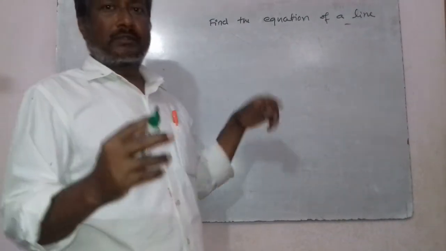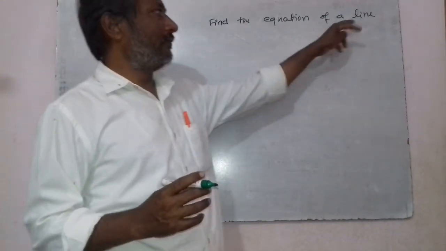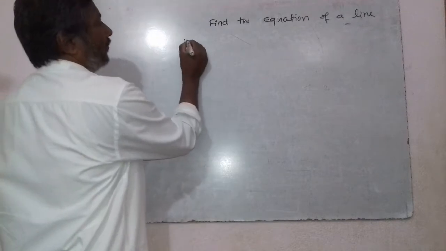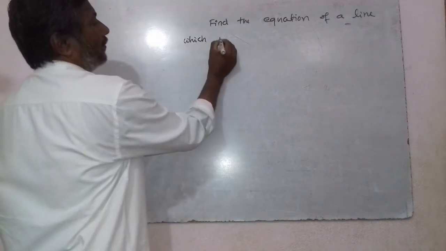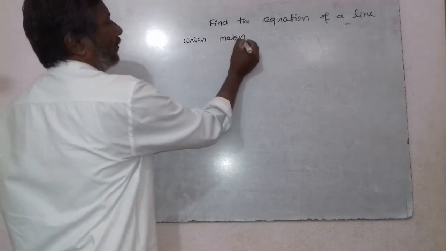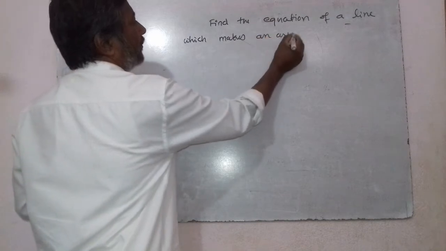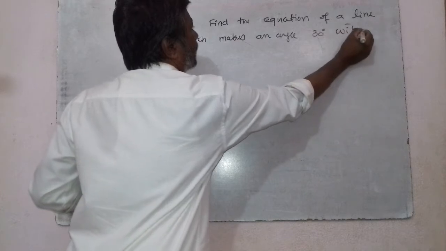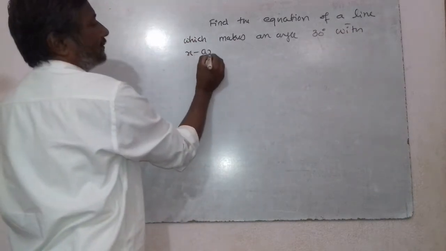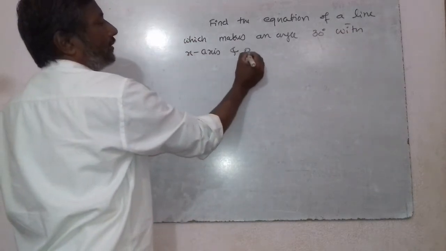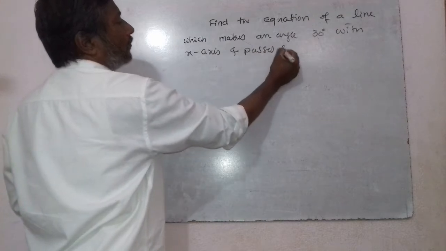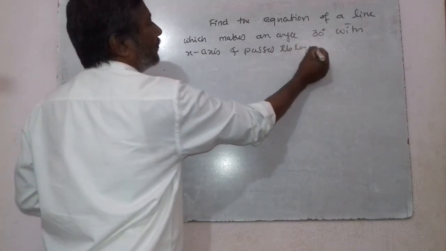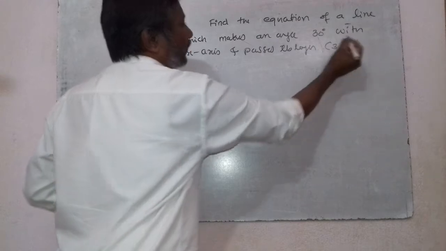So the next type of problem is: find the equation of a line which makes an angle of 30 degrees with the x axis and passes through 3, 2.